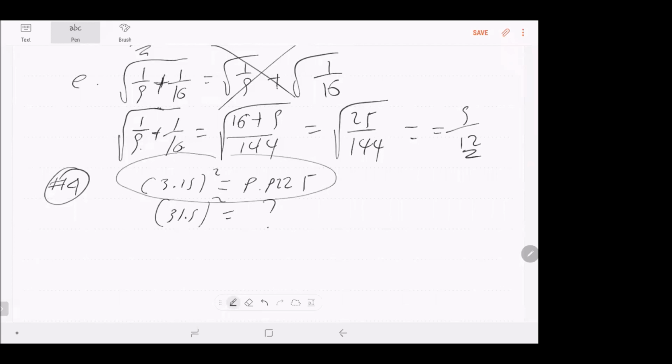So based on the given condition, we are asked to calculate the square of 31.5. So to calculate the square of 31.5, we write the given expression first. So when we shift the decimal point, it will be 3.15 times what? Times 10.